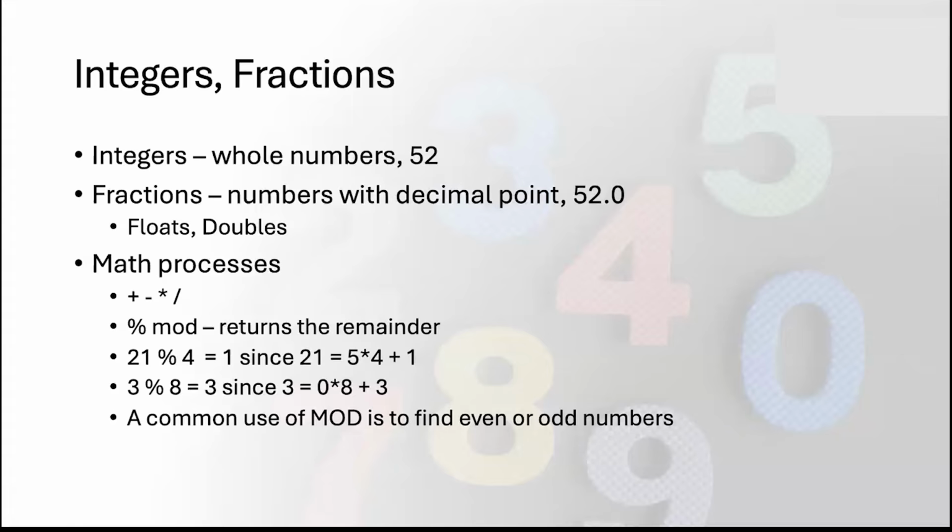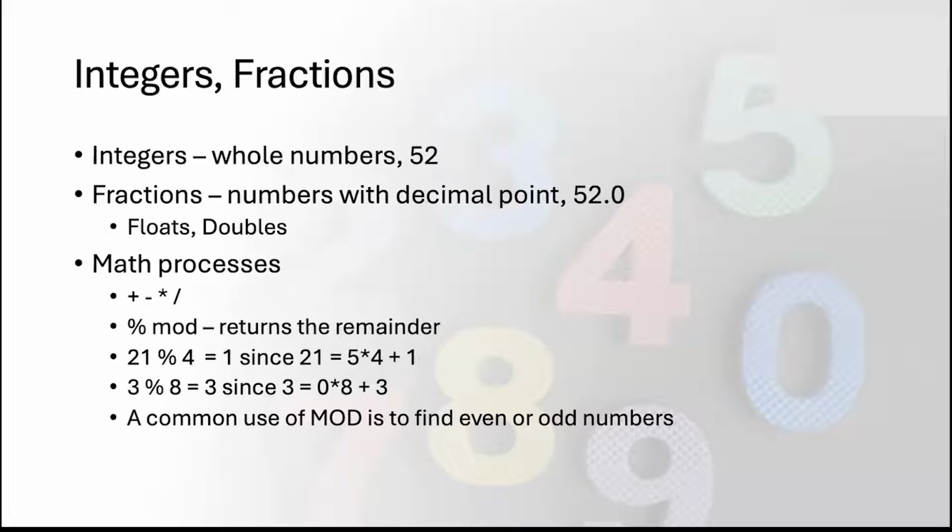So 21 minus 20, that's 1, since 21 equals 5 times 4 plus 1. And then 3 mod 8 will just be 3, since 3 equals 0 times 8 plus 3. So basically, we just need to write the number in this format so that we can find out the remainder.